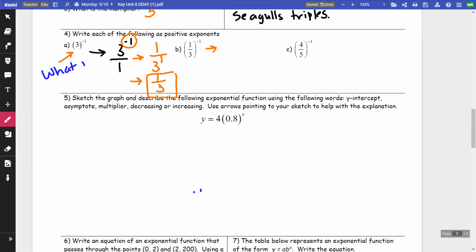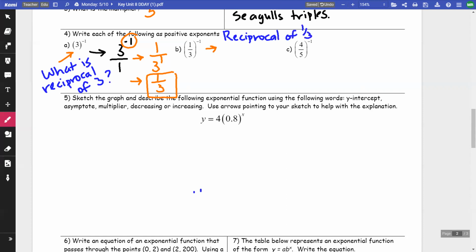What is the reciprocal of 3? That's really what it's asking. This one here is really saying, hey, what is the reciprocal of 1/3?